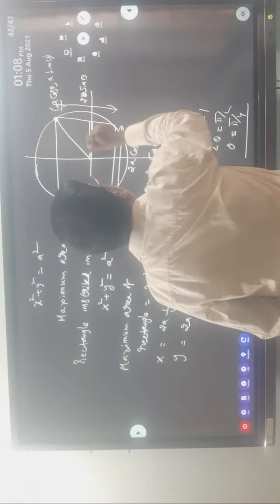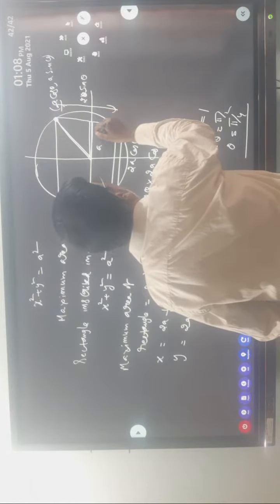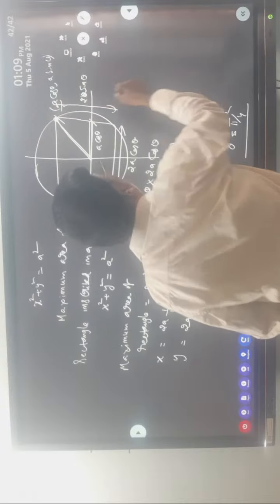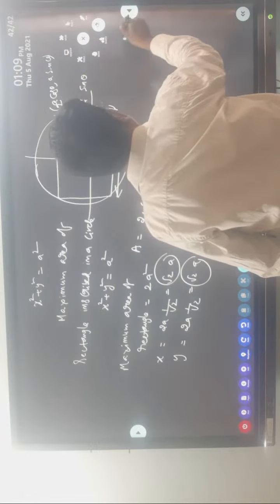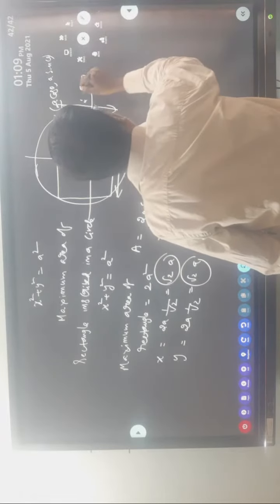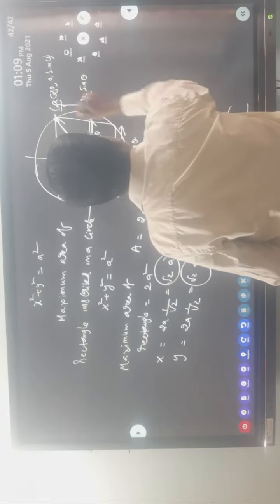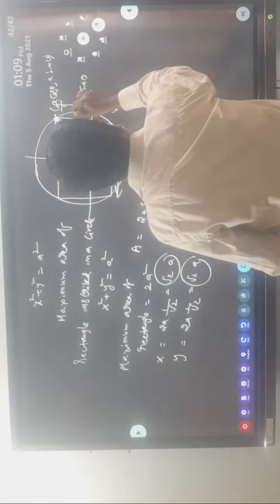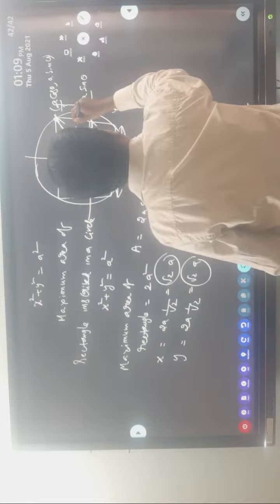This point in parametric form is a cos theta, and here to here is a sin theta.